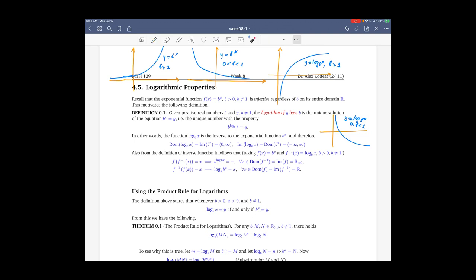These are monotone increasing functions defined on the entire set of positive real numbers. The image is the set of all real numbers. The key point is (1, 0).